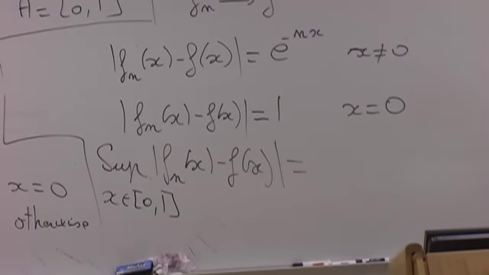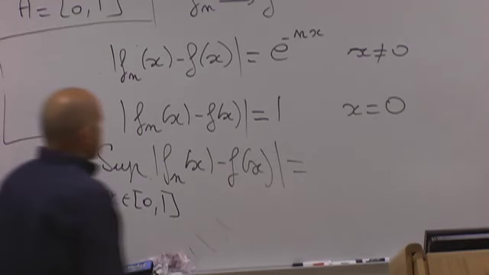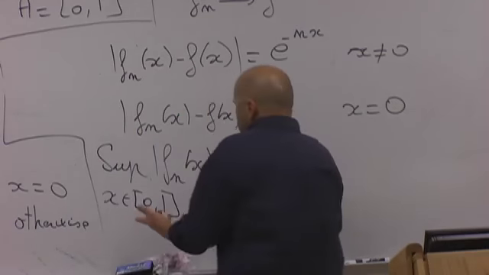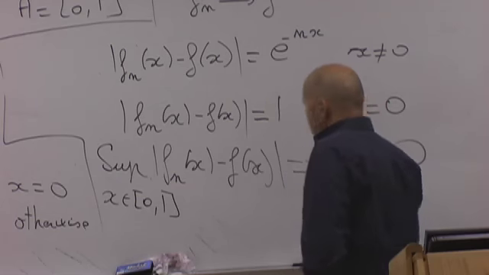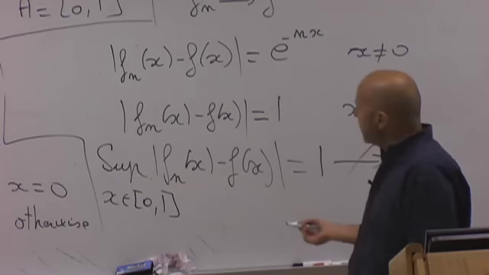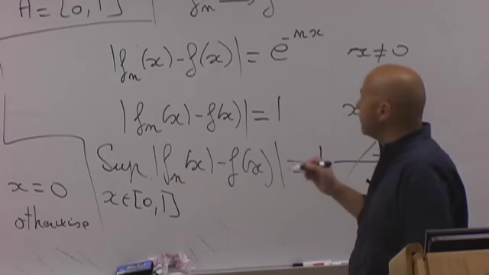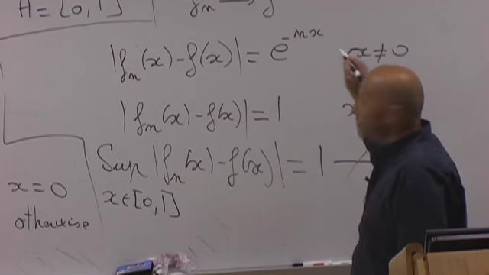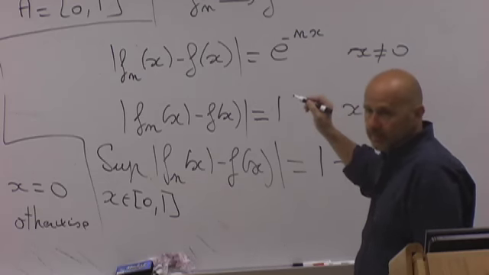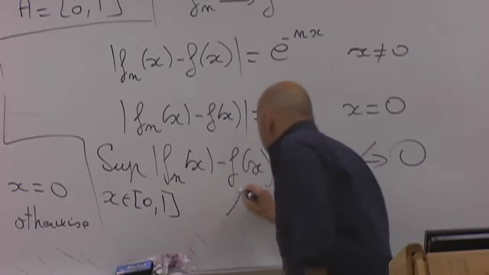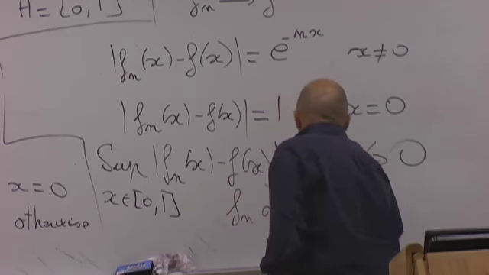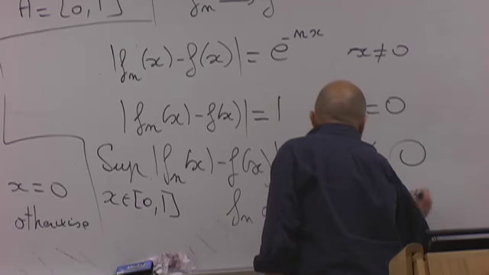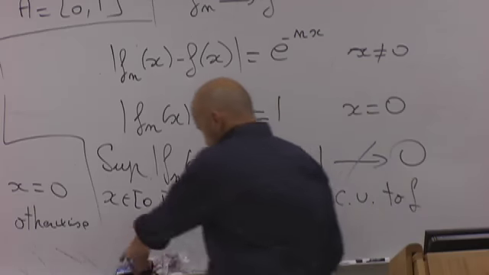It's equal to 1. Okay, the biggest difference you can get is 1. And this doesn't go to 0, of course. So this is an example of a sequence of functions that converge pointwise to f, but not uniformly. Okay, so Fn does not converge uniformly to f or to anything else.